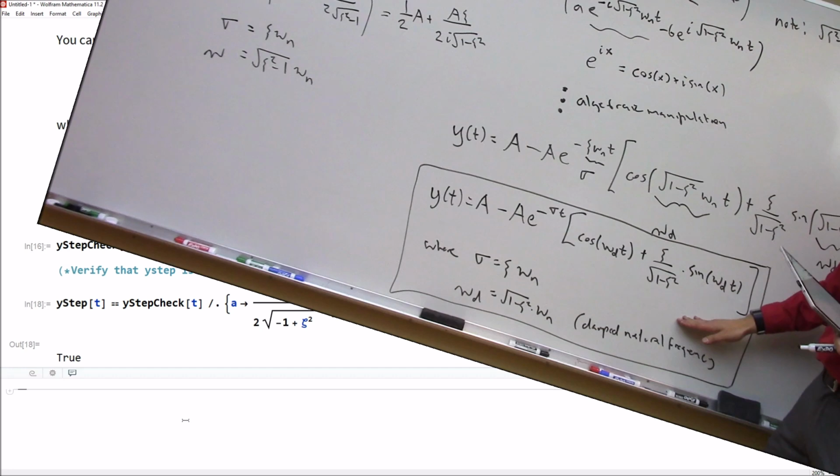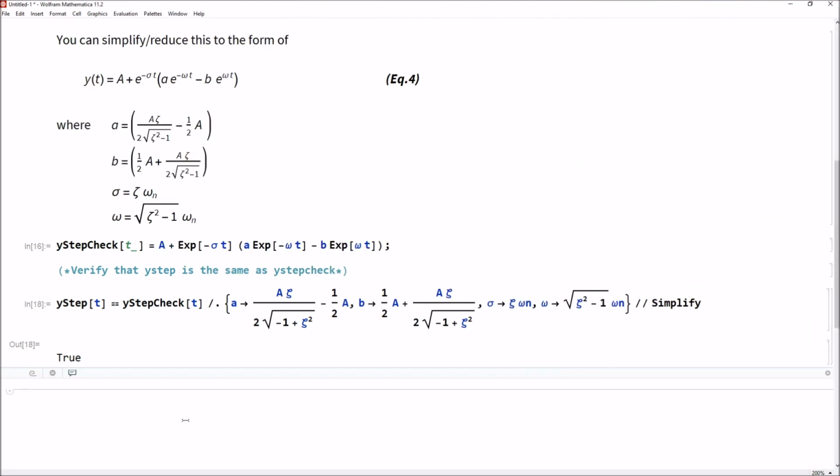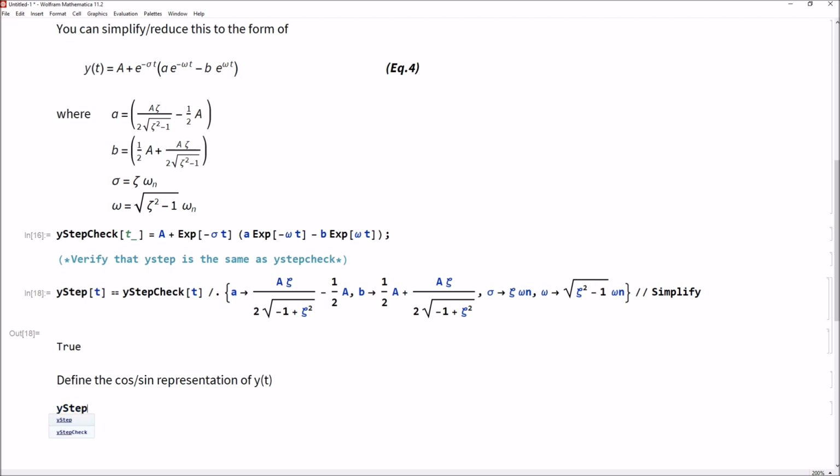All right, so let's go ahead and define the cosine and sine representation of y of t here. Let's call it y step trig.